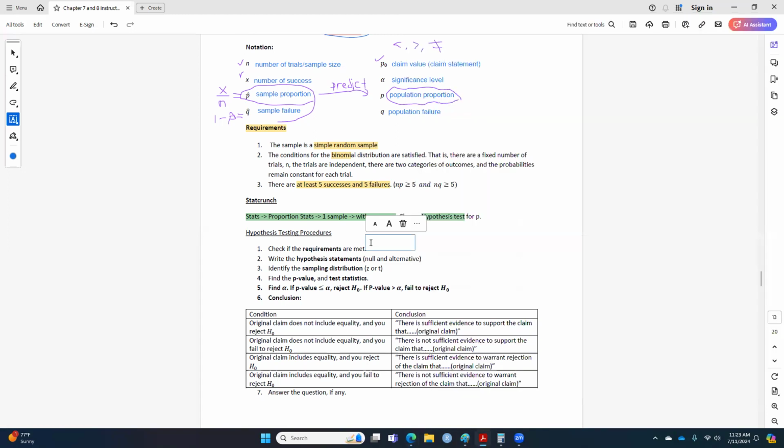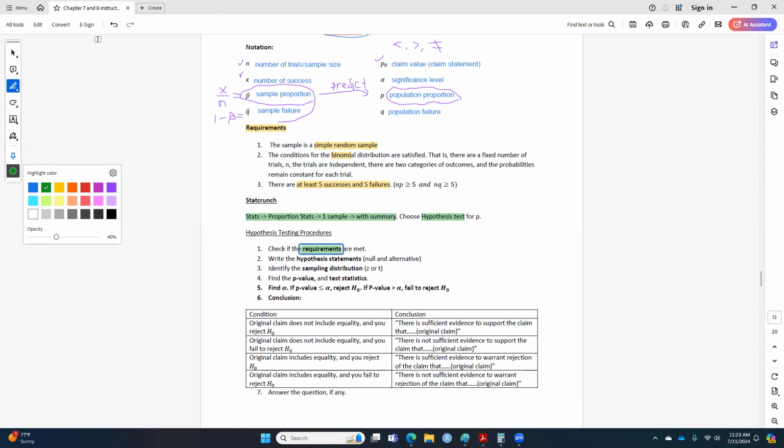In this case, make sure here are the 7 steps, the same 7-step procedure. First, the requirement check, which I highlight in yellow, is these 3 requirement checks. And then you have to do the hypothesis testing, where you have to give me your H0 and H1. For the sampling distribution, make sure you use Z in this case.